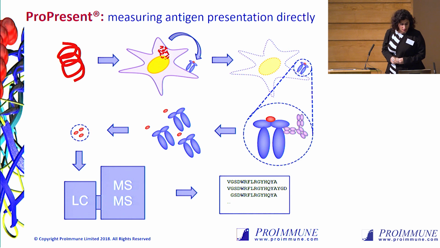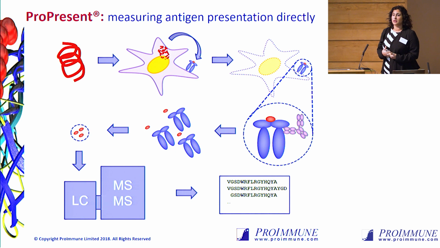Now, just a quick reminder, and I won't be telling anybody anything new here, but the key to triggering an immune response, at least on the adaptive level, is by having your T cells recognize a peptide that is presented at the surface of the cells by an MHC molecule, here in blue.